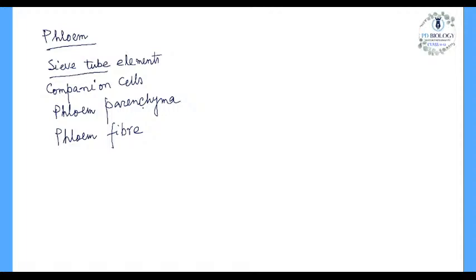In gymnosperms, they have albuminous cells and sieve cells. Remember this one.